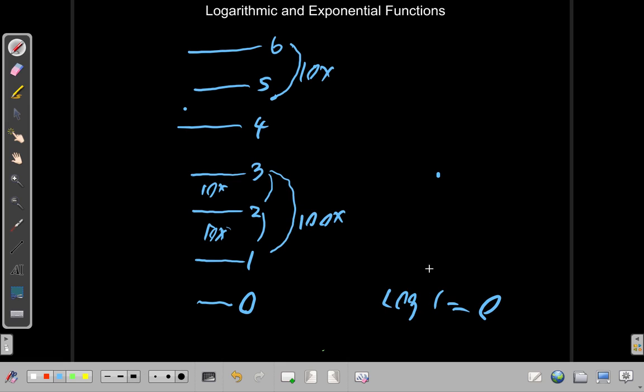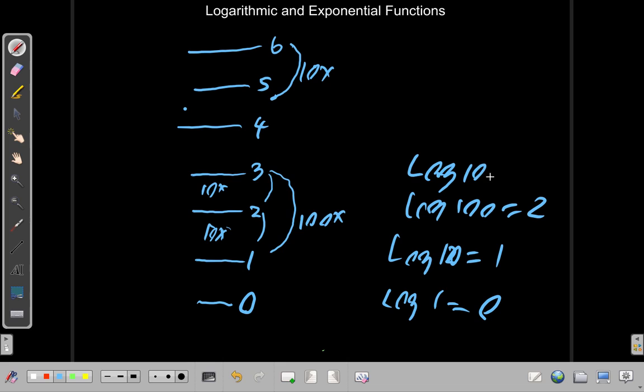Log 1 is 0, log 10 is 1, log 100 is 2, log 1000 is 3, log 10,000 is 4, and so on and so forth. What we're looking at is the logarithms.